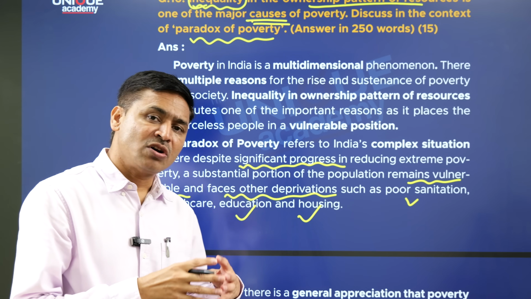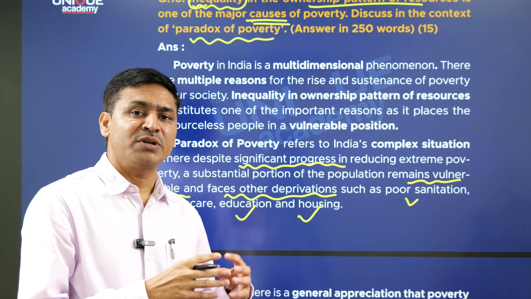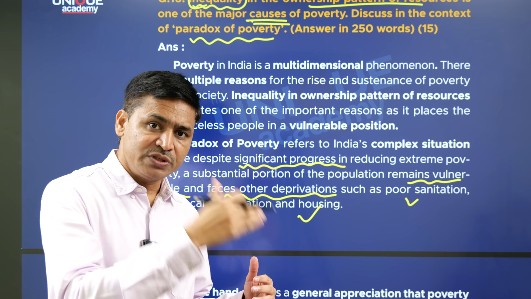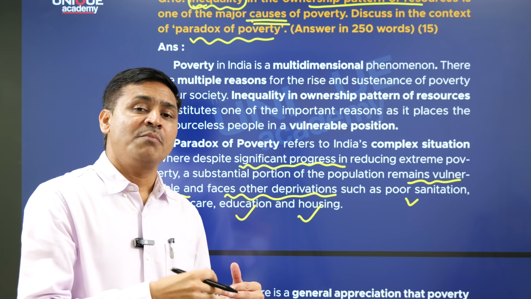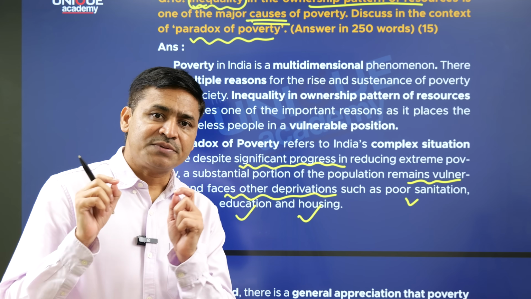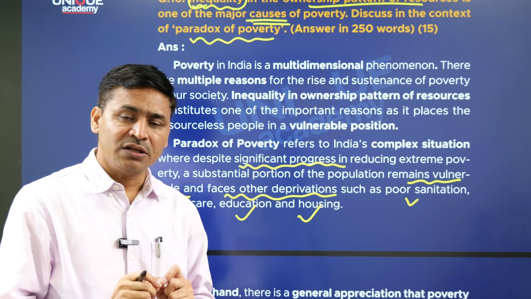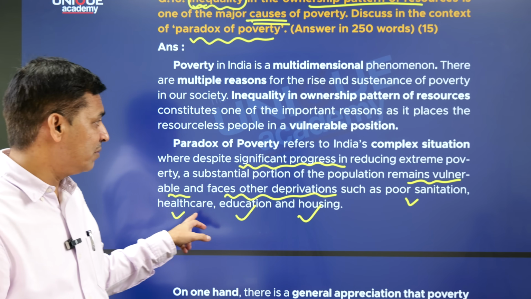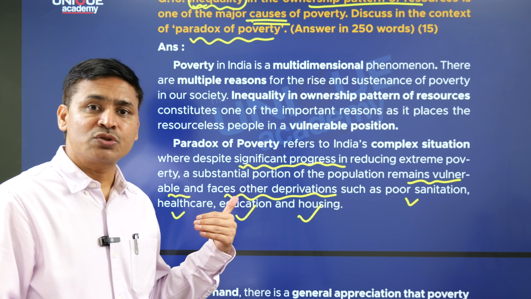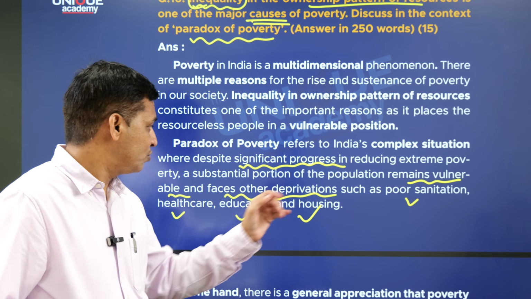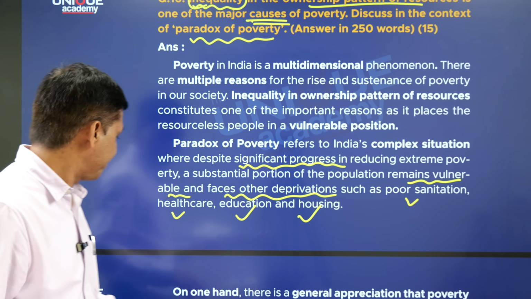On one hand, economic development is taking place, economic growth has taken place, no doubt about that, and it has contributed to reducing extreme poverty. But on the other hand, and that's the paradox, a substantial section of our society is still in a position of vulnerability. And what is that vulnerability? They do not have access to sanitation, healthcare, education, and housing.